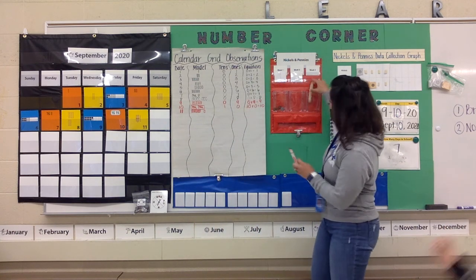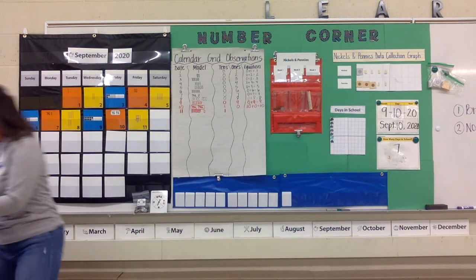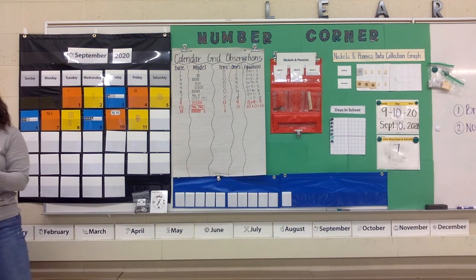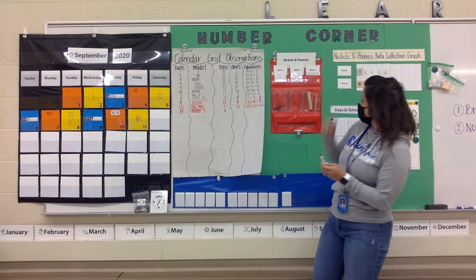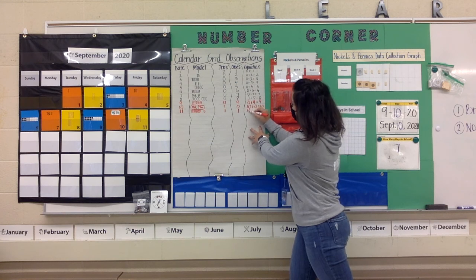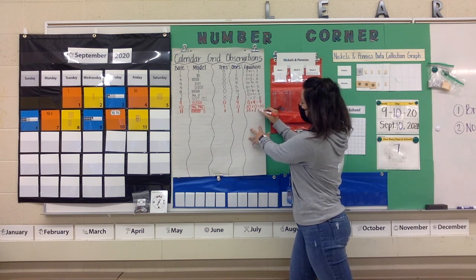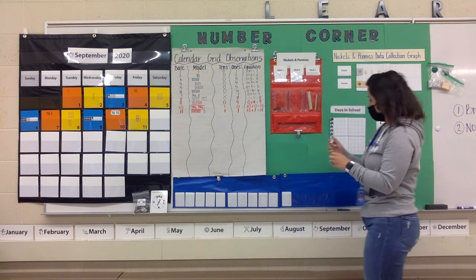Only 1. So I have one group of 10, and I have only 1 popsicle stick out. So my number is 11. So 10 plus 1 equals what, my friends? 11. Great job.